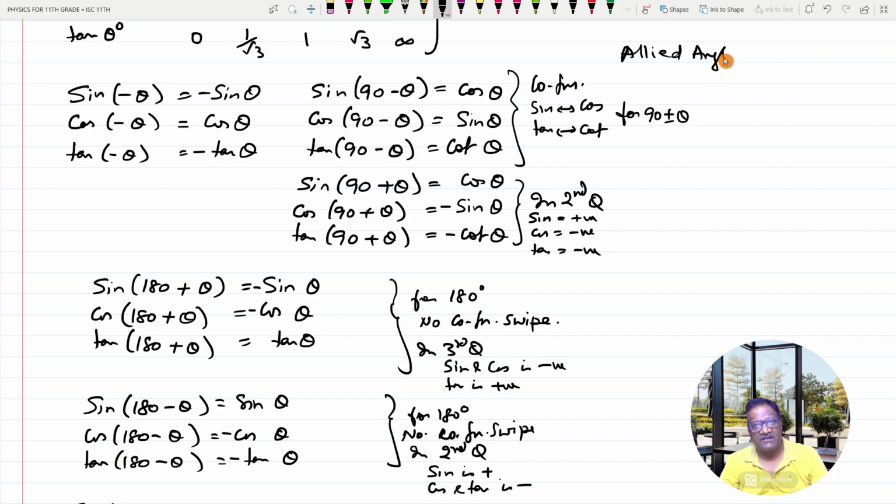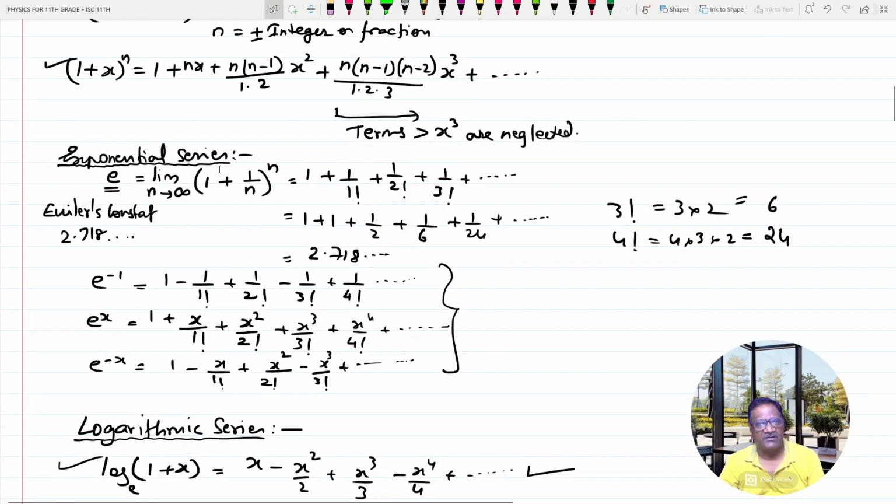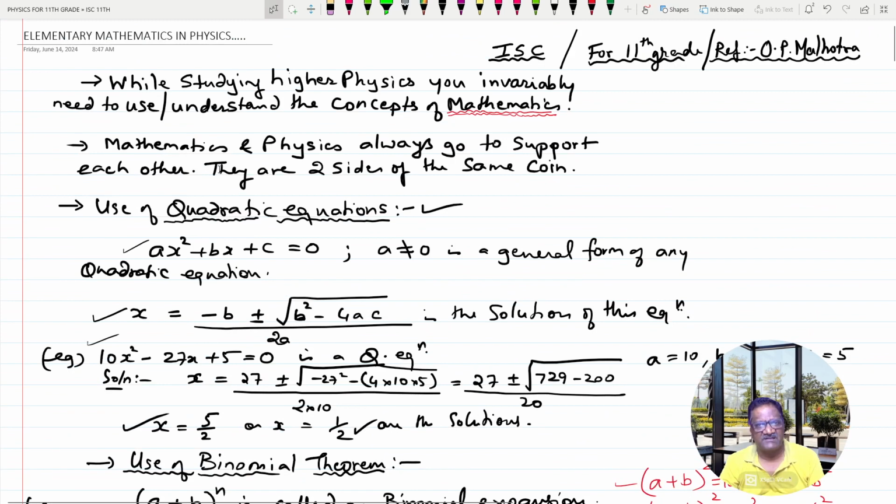Okay. So, in mathematics, for ISC, you have a book called O.P. Malhotra. Okay. I'm so sorry. In the starting of this, I have mentioned that I'm referring to this book, O.P. Malhotra. No, I was wrong. O.P. Malhotra is the book for the mathematics. Okay, this is the physics. For physics, I'm using a book which is known as Kumar and Mittal.